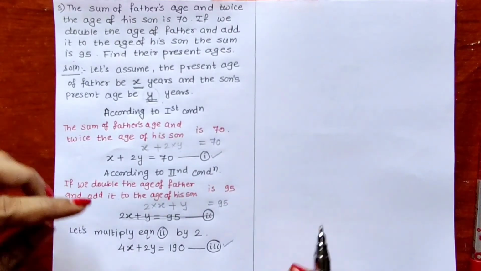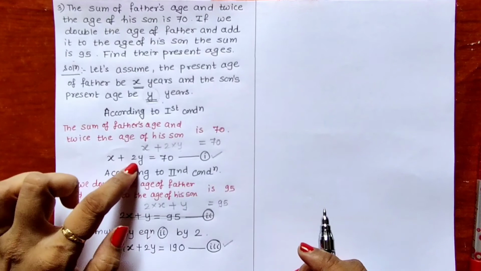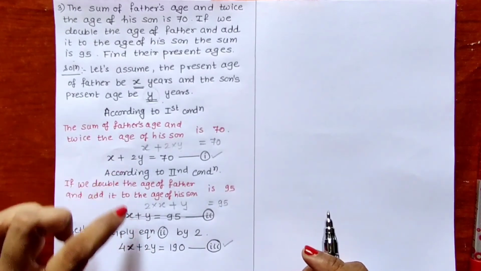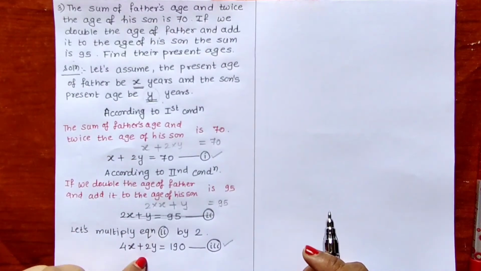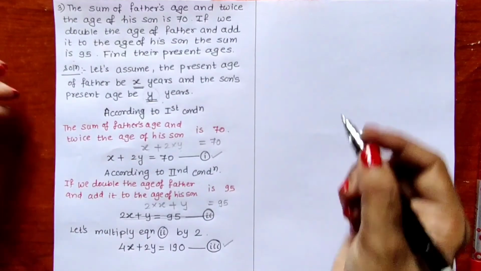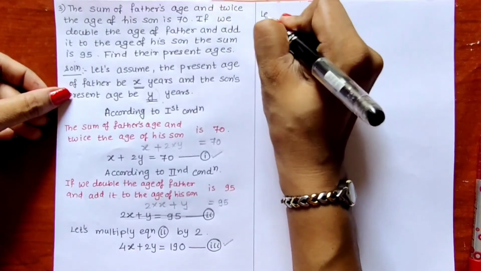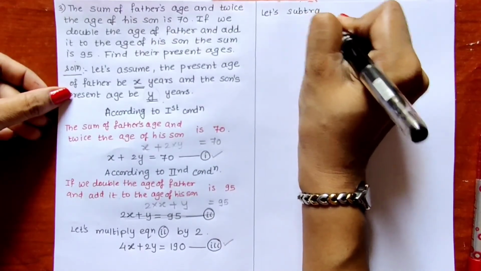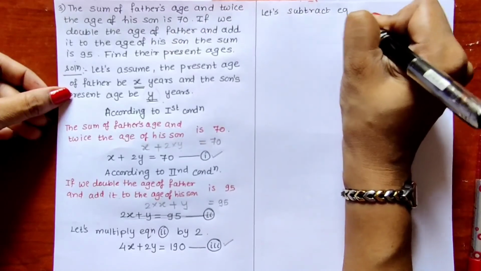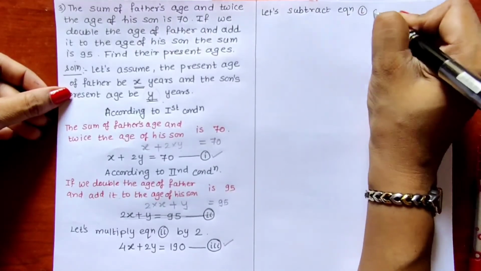So in equation 1 and 3, 2y are similar terms, and they are having the same sign also. So when the same sign is there, what will we have to do? We will have to subtract. So let us subtract equation 1 and 3.